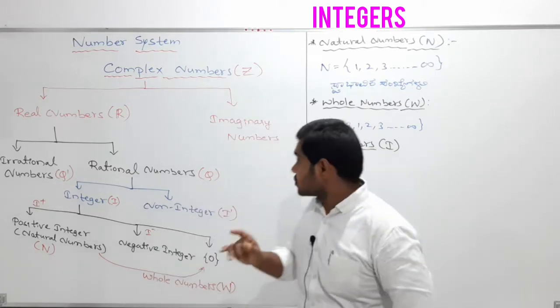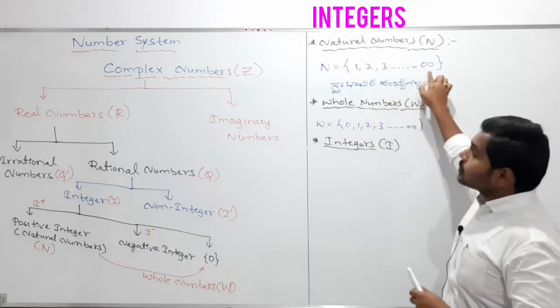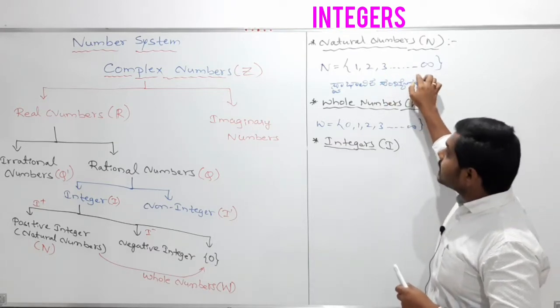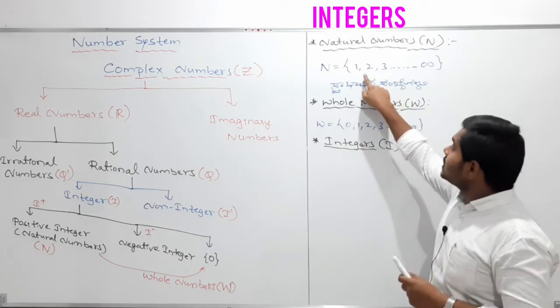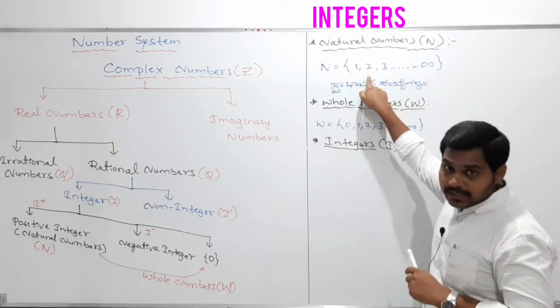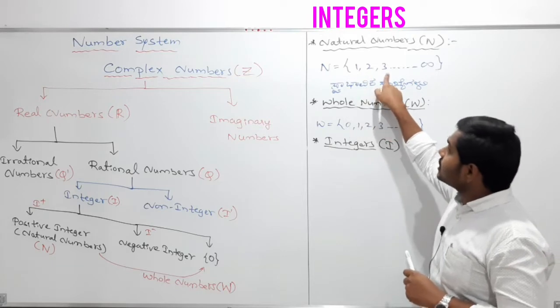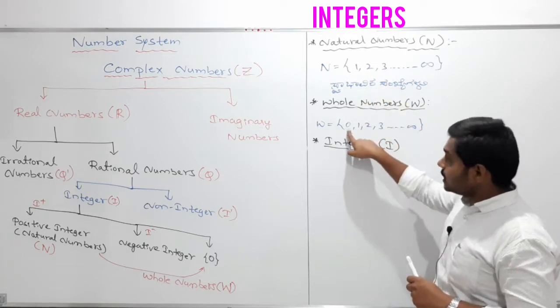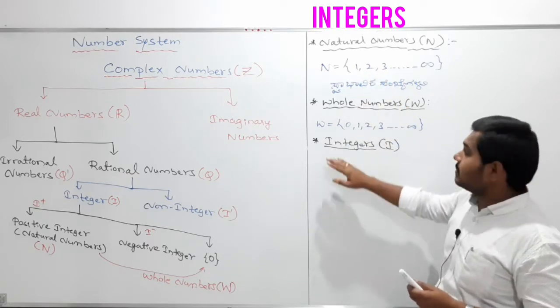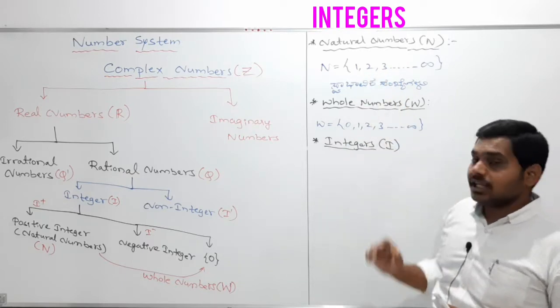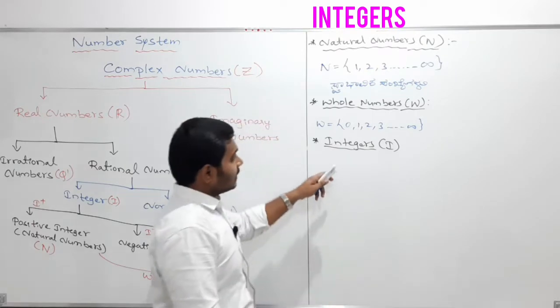What I told? To this 1 2 3 up to so on infinity, these we can call as the positive integers. Or to these natural numbers including 0, and next the negative of these numbers also, if you take, that we can call as integers, and that we will denote by the symbol I.